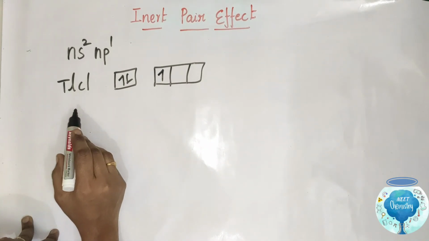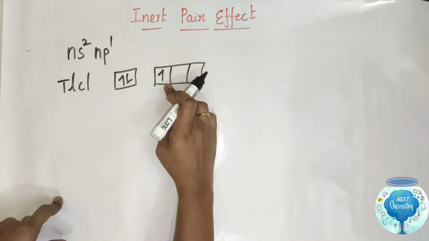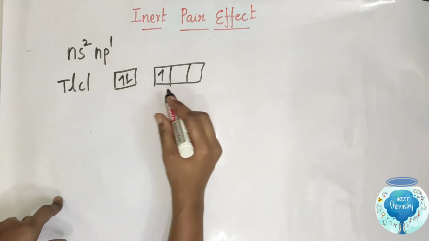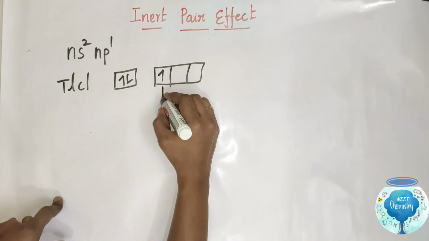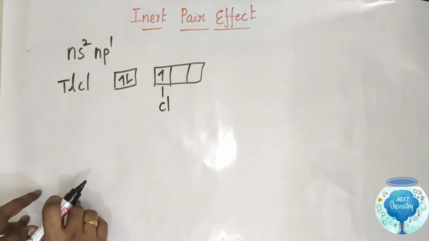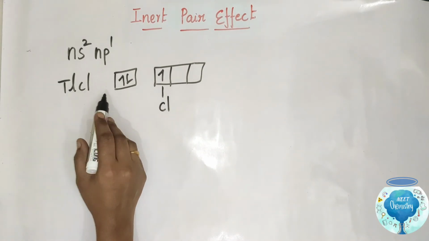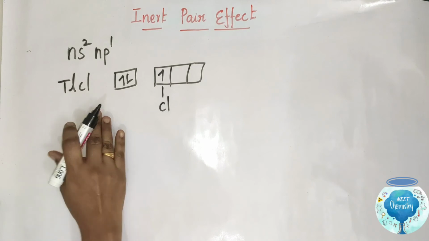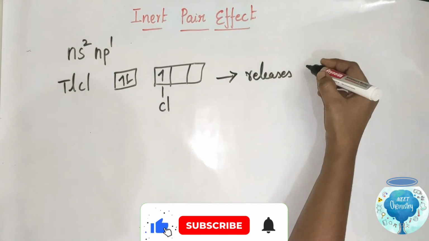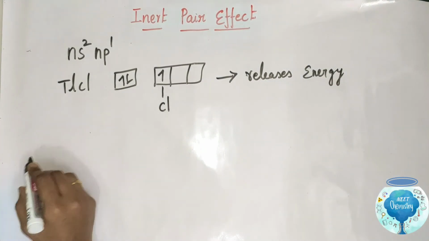Only this one unpaired electron is responsible for bond formation with the chlorine atom. So in this case, it releases energy.